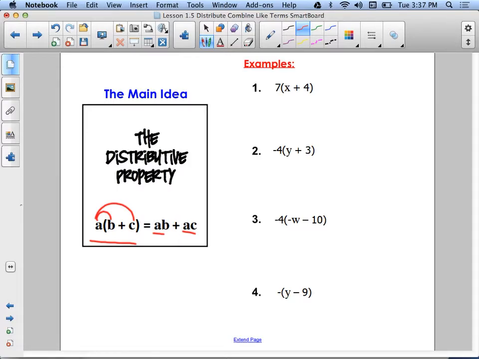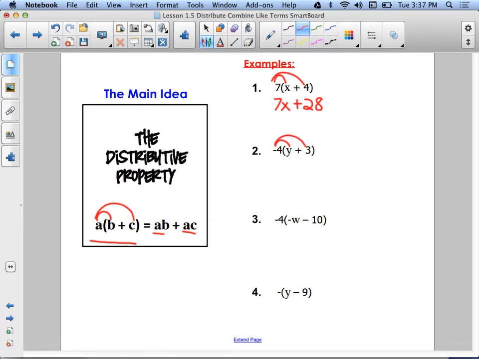So let's take a look at example 1. 7 is going to be multiplied by x and 4. So we will get here 7x, that's 7 times x, plus 7 times 4, that's 28. All right, let's take a look at number 2. We notice we have a negative 4 being multiplied by a y and by a 3, so we have to be careful with the signs here.